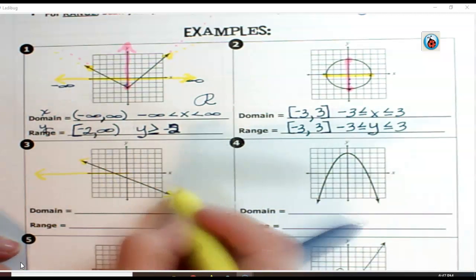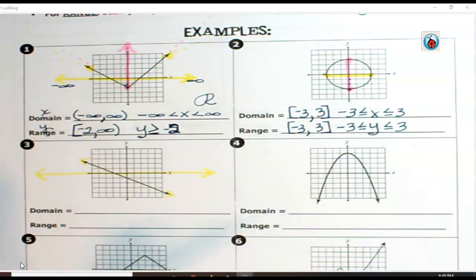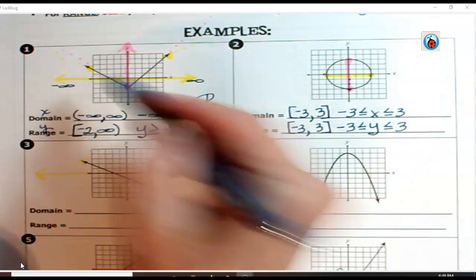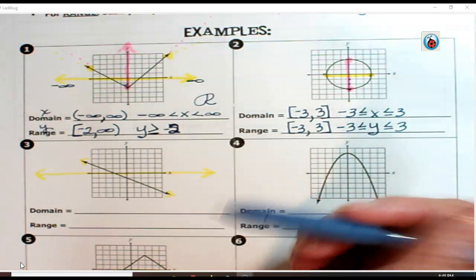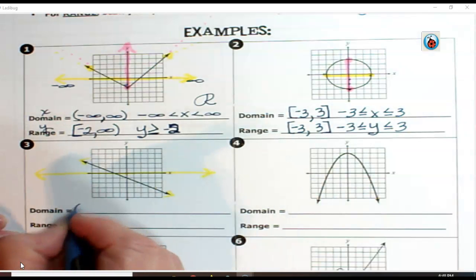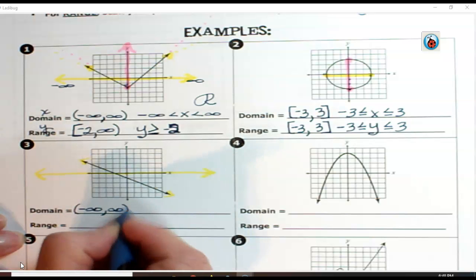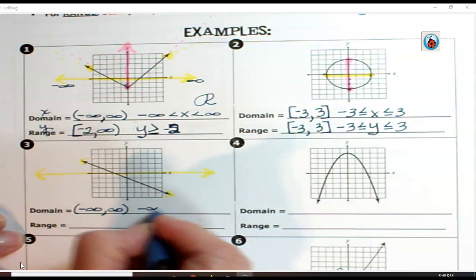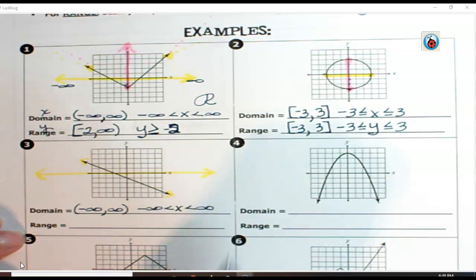This one does here, so that means it's going to continue on to the right side. This one's very similar to the first figure, but the first figure was a V, but the arrows on the ends mean that it's going to continue going on. So this here is negative infinity to infinity, or negative infinity less than x less than infinity.